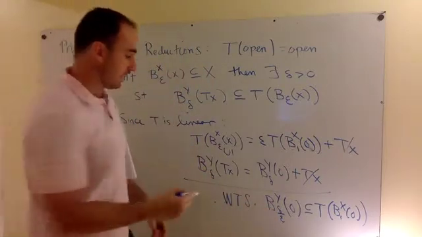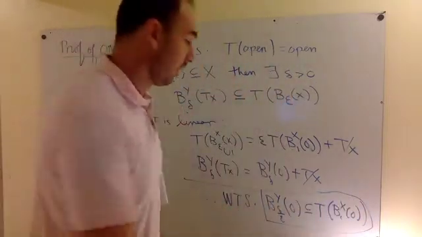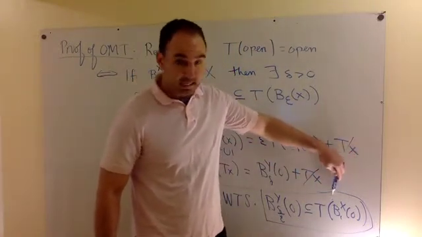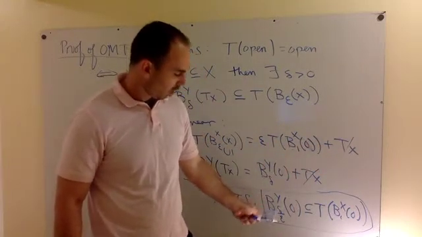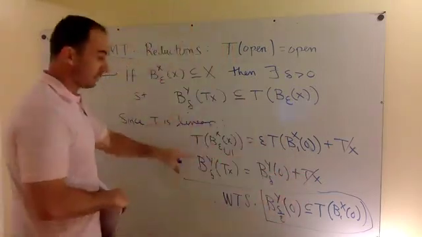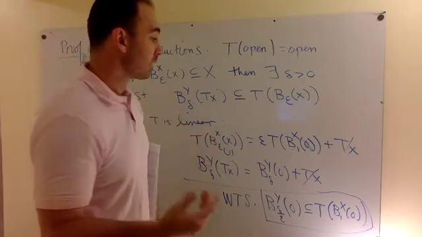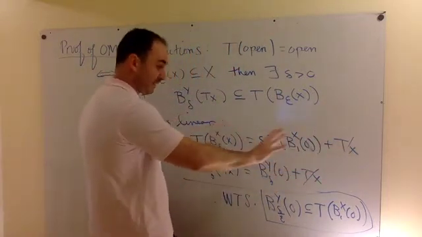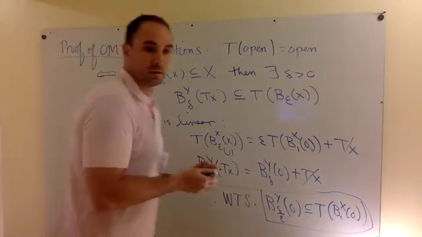So the moral of the story is I want to show that given the unit ball in X, if I look at the image T of that thing, then there exists some ball, and you can just take this to be r, centered at the origin, contained in that image. Like I said, a lot of these calculations are because T is a linear transformation, and if you look at the way they work in terms of adding things, these are set equalities, and they're fine. So that's our goal here.